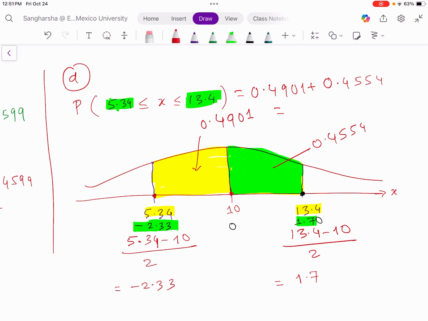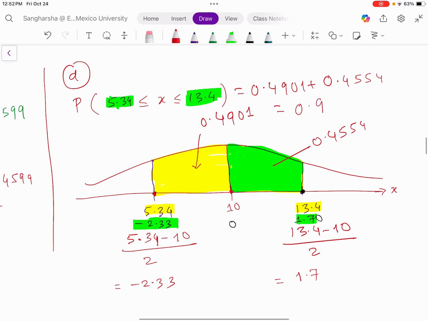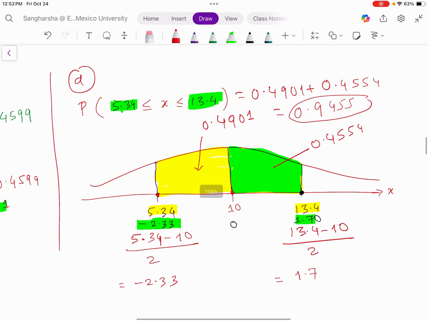So we have 0.4901 plus 0.4554, which is 0.9455. So this is the probability that our x is greater than or equal to 5.34 and less than or equal to 13.4. So this is part D.